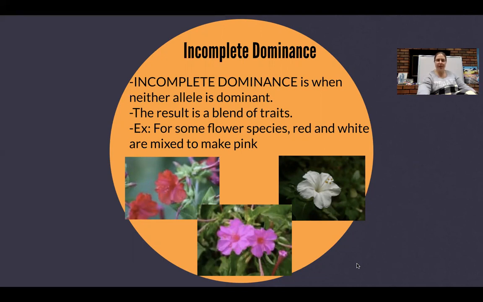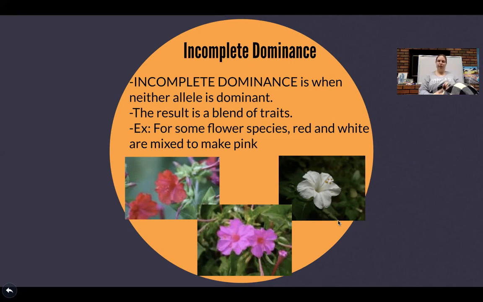As you can see in the picture, certain flower species have their petal color determined by incomplete dominance. Here we have an individual that is homozygous for the red allele, so they have two red alleles. Over here, we have an individual who is homozygous for the white allele, so they have two white alleles.